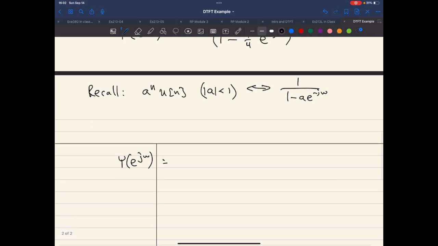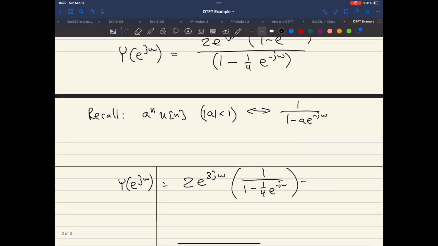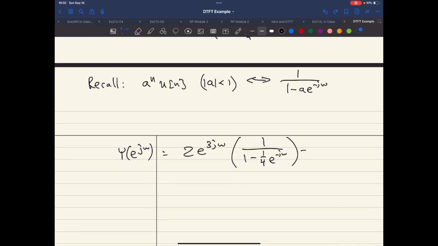So in the first place, we have 2e^(3j omega) times this 1 over 1 minus a quarter e^(minus j omega). And then for the second term, we're just going to end up with a cancellation here between these two. And what we have is just minus j omega. So we have 2e^(minus j omega), and then 1 over 1 minus a quarter e^(minus j omega).